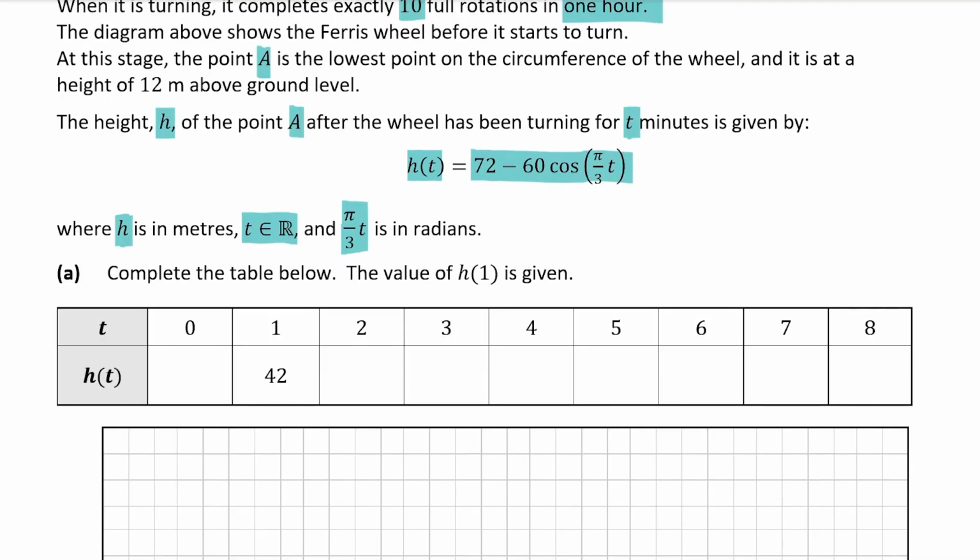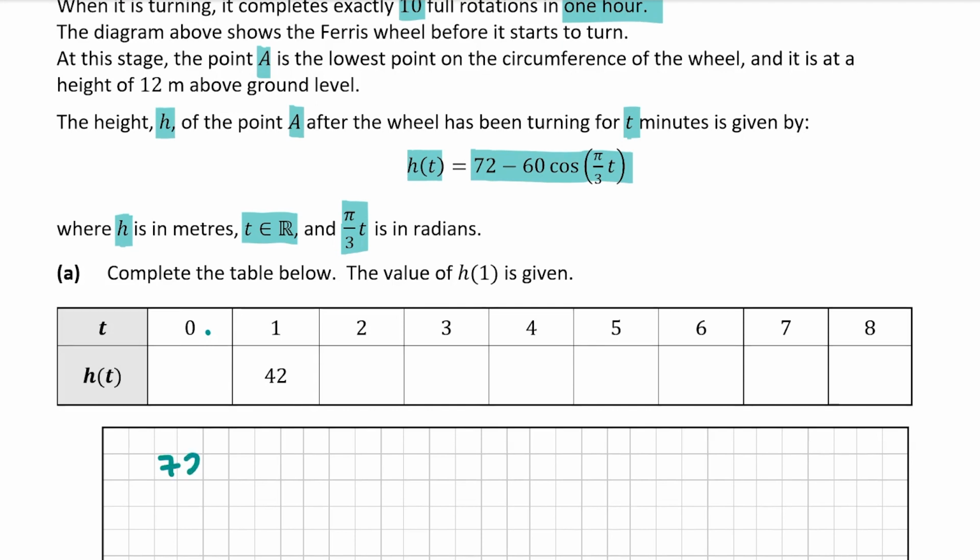Now in question A, we're asked to complete the table below and that the value of h1 is given. All we need to do in this question is fill in the values of t into the h of t equation. So I'm just going to start off with t is equal to 0 here.